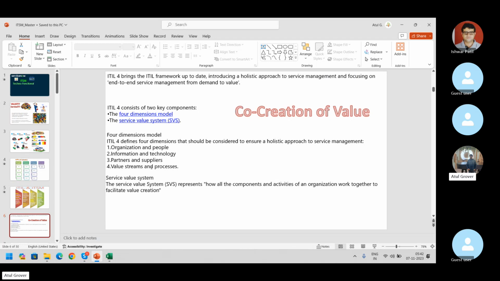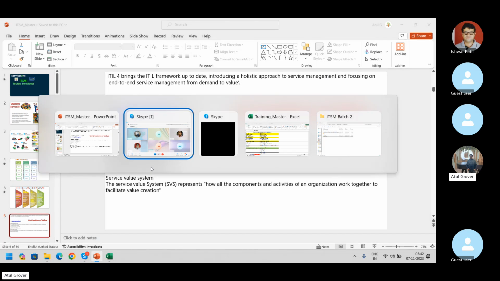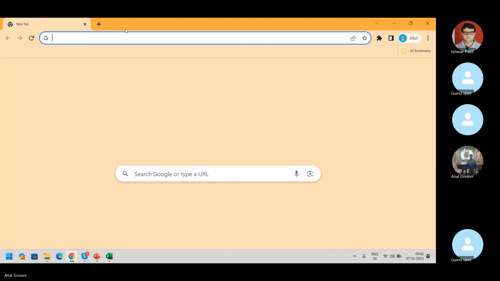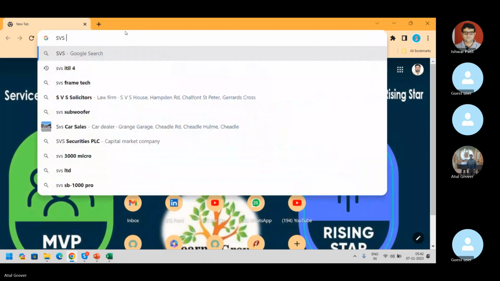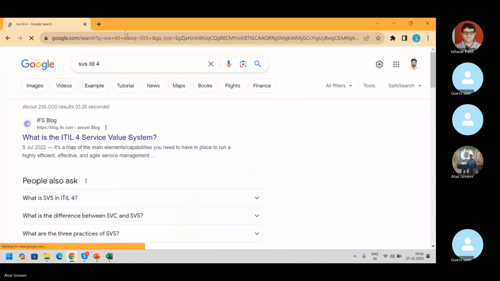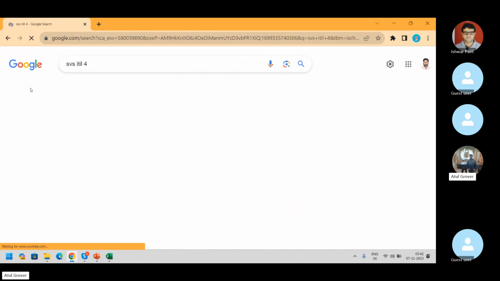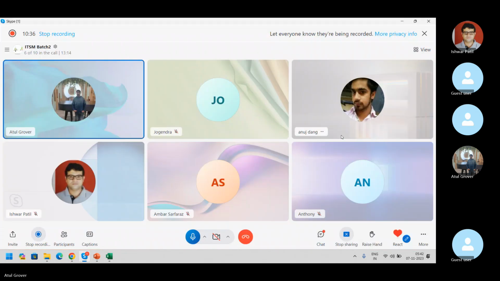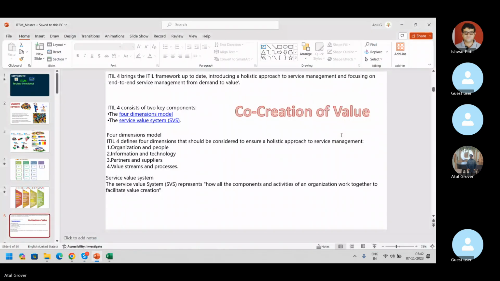Now, what is important for us to understand is the SVS. Let me come here and show you. SVS says how all components and activities of an organization work together.